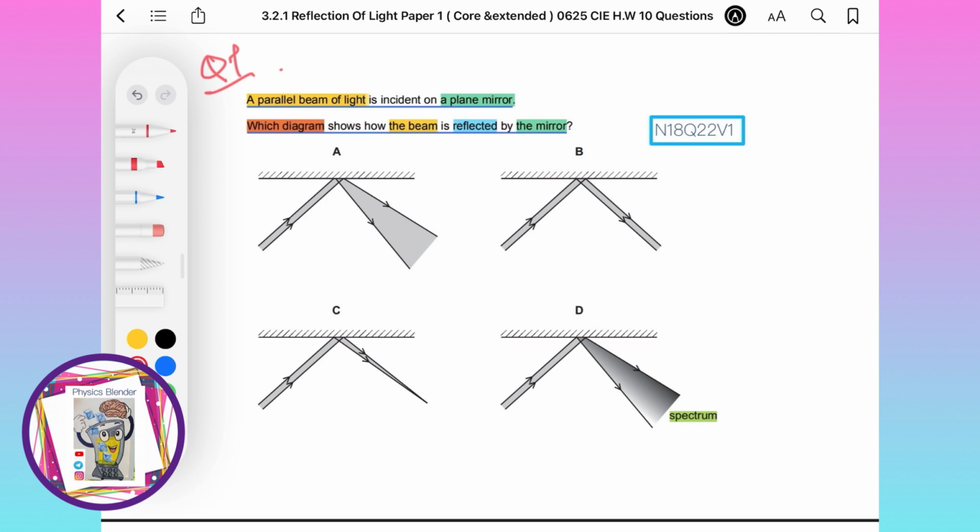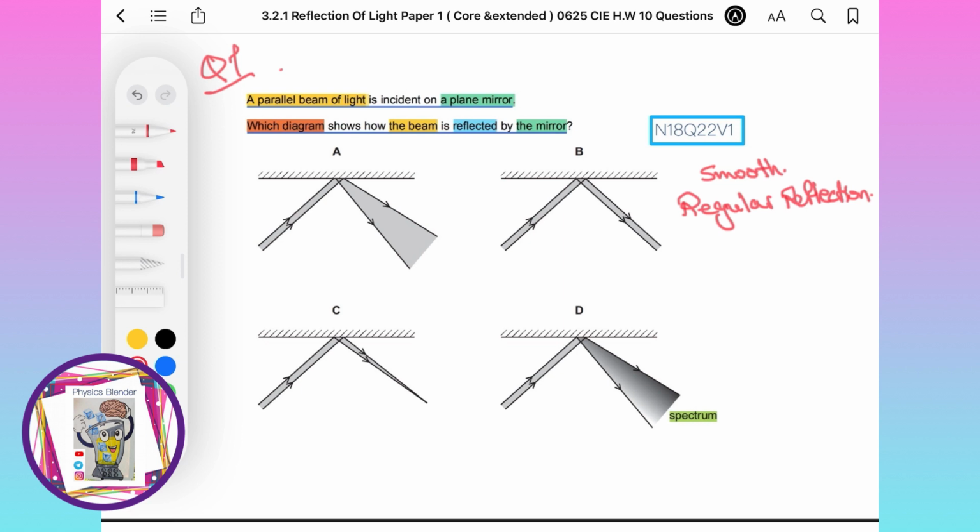We have two types of reflecting surface. The surface could be smooth, like the plane mirror here. So the reflection, in this case, we call it regular reflection. Regular reflection means the reflected rays will not be scattered and they are parallel to each other.